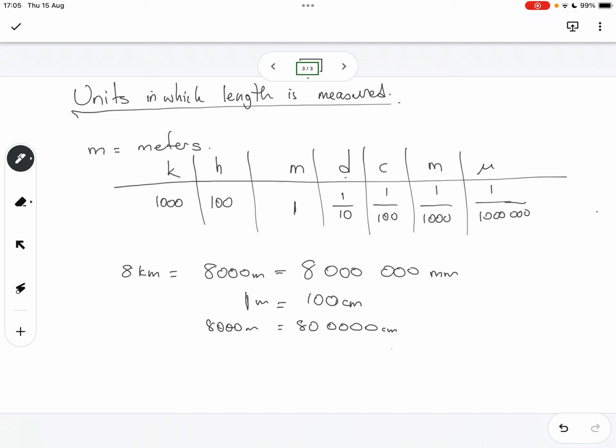Yeah, that looks right because the 800,000 is a bit less than the millimeters, because you'd have more millimeters in a meter than centimeters. So this is just a conversion exercise. You can give yourself this as an exercise just so you can get familiar with the conversion.